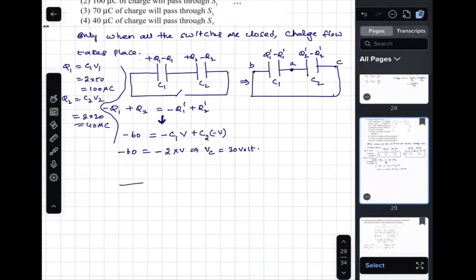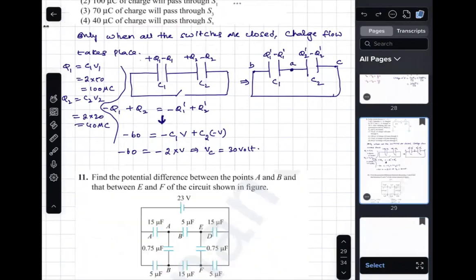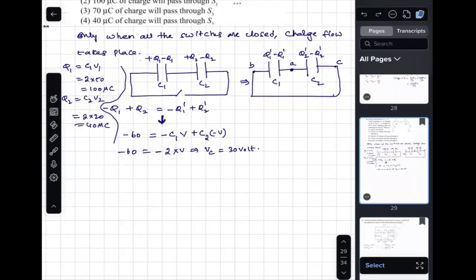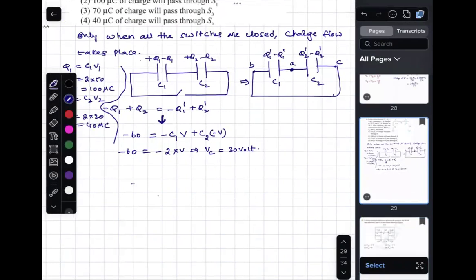When you have two capacitor plates with unlike plates charging, this is at potential V1 and this is at potential V2.